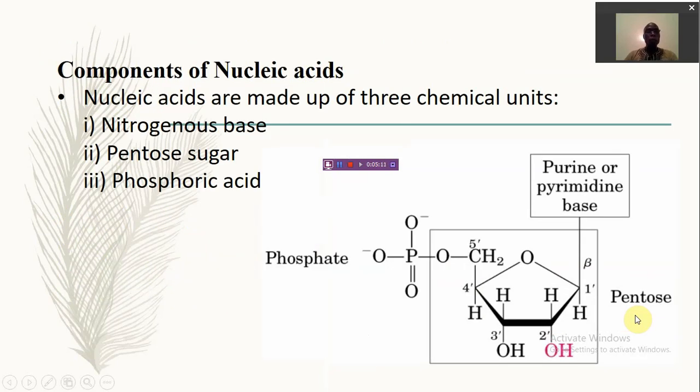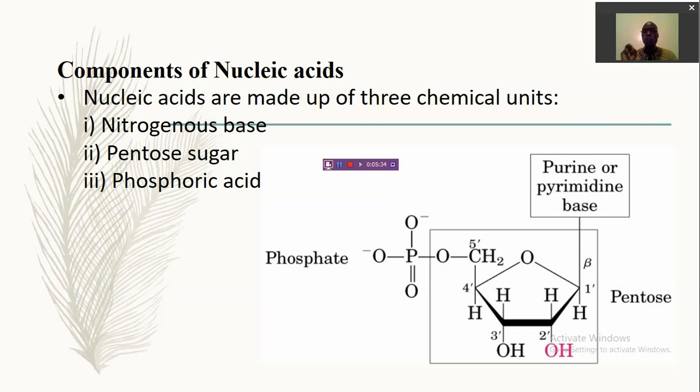Now, what are the components of nucleic acids? We have seen that there are basically three basic components. Now, the first component is a nitrogenous base. The other one is a pentose sugar. For example, we talked about a deoxyribose sugar.